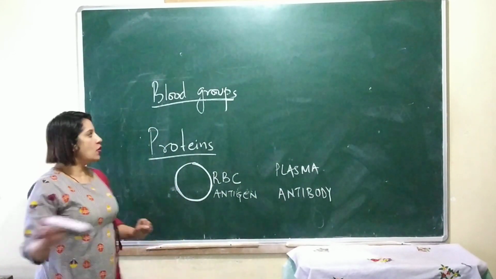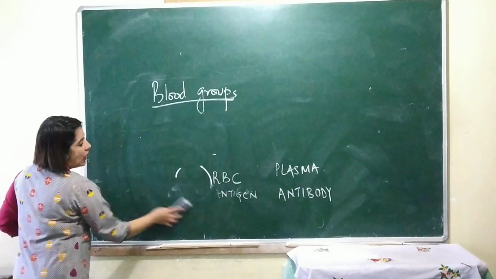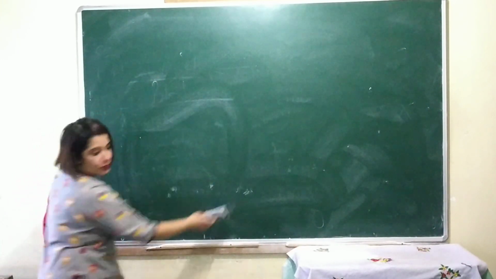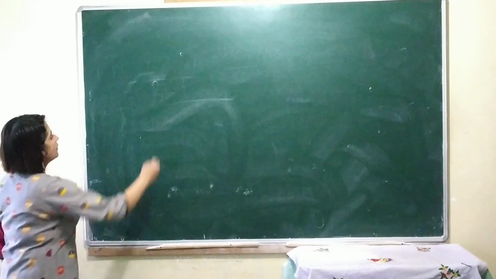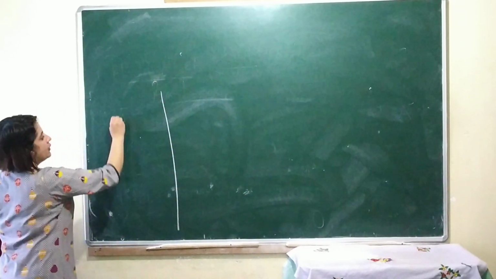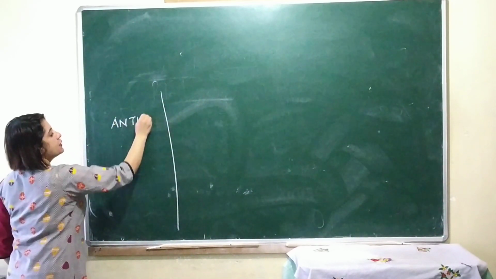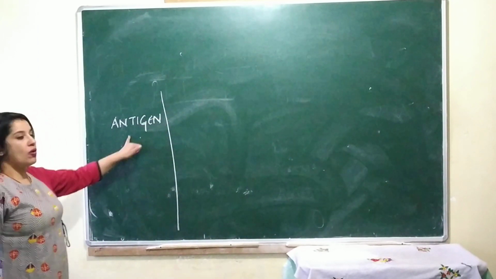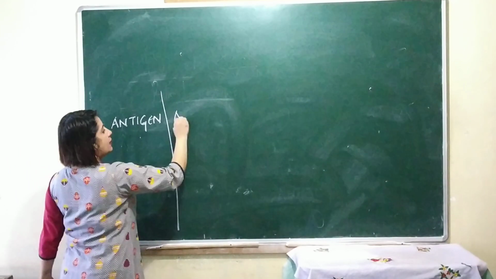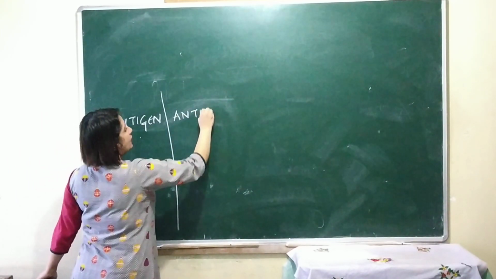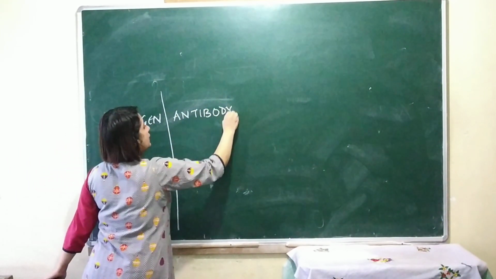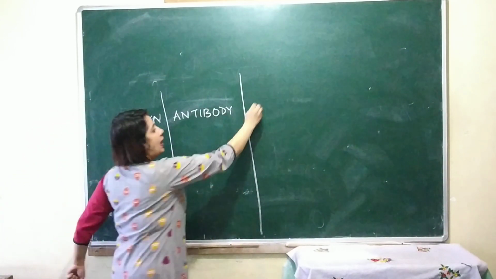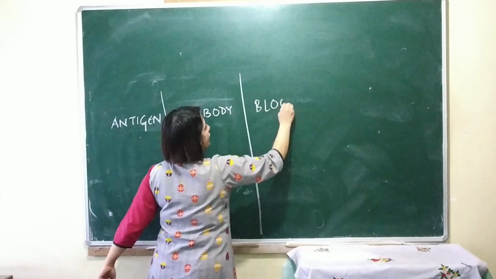Now let's draw a table and see how this protein differentiates our blood groups. So first is the antigen, the protein present on the surface of the erythrocytes. Then is the antibody, the protein present in the plasma, and your blood group.